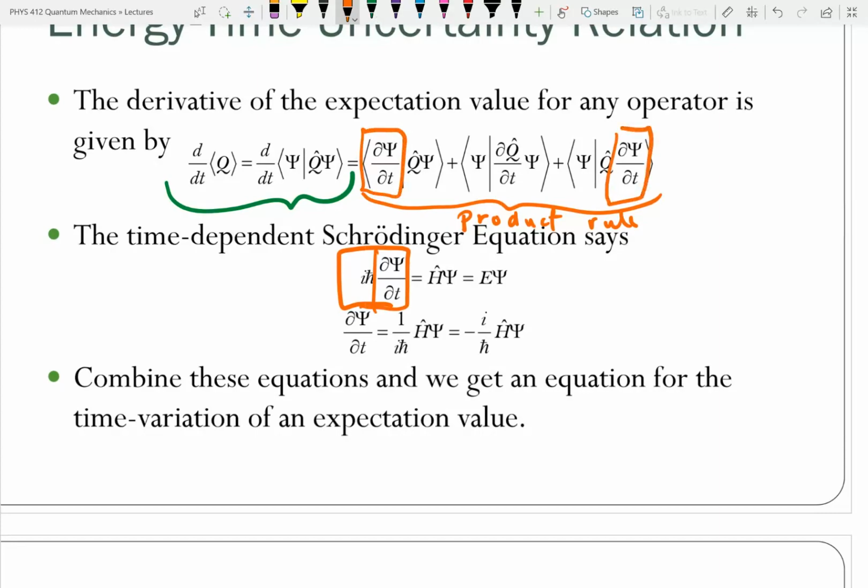So we're going to use the Schrodinger equation to find what the partial derivative of our wave function with respect to time is. So of course all you have to do is divide both sides by that i h bar, and you have the partial derivative with respect to time is minus i over h bar Hamiltonian times psi. So I can substitute that in.